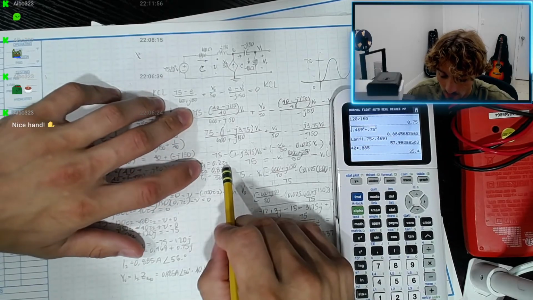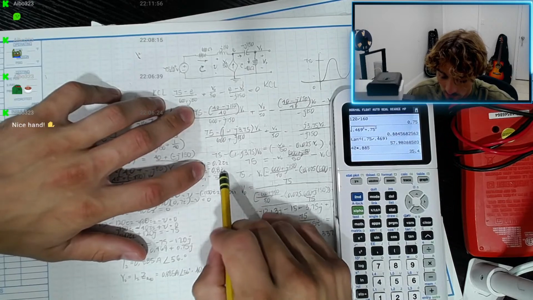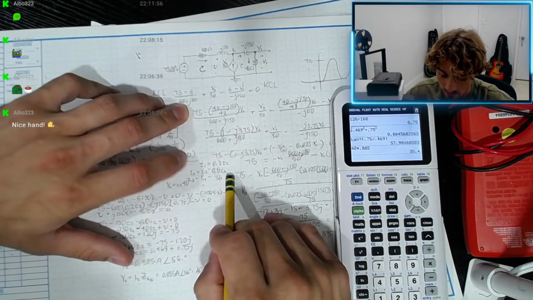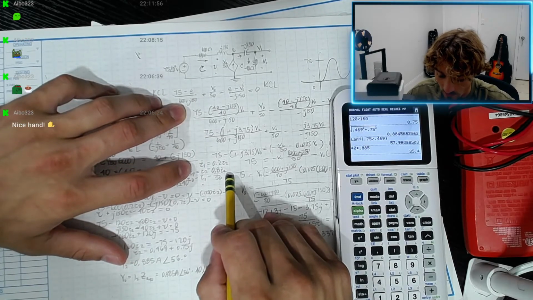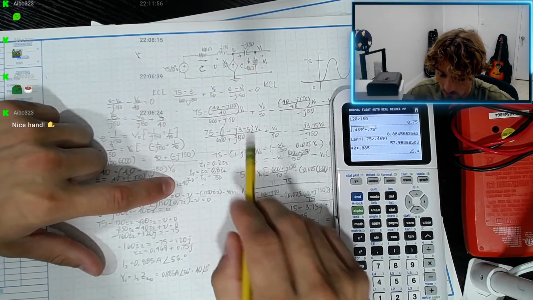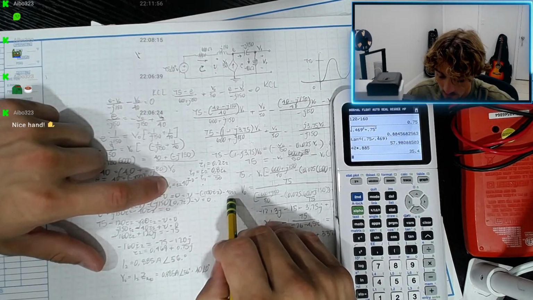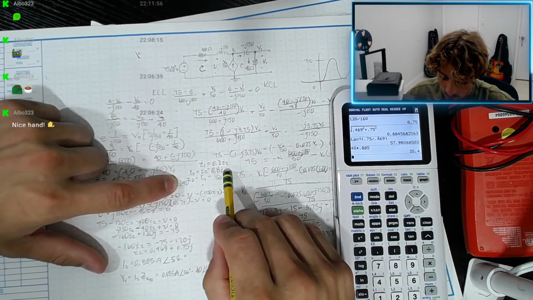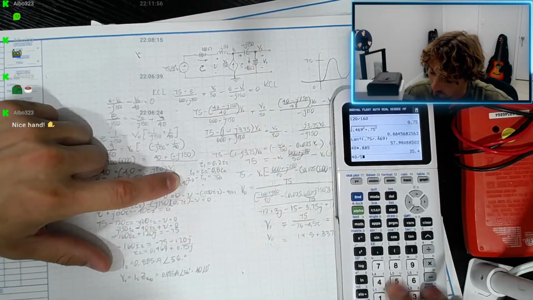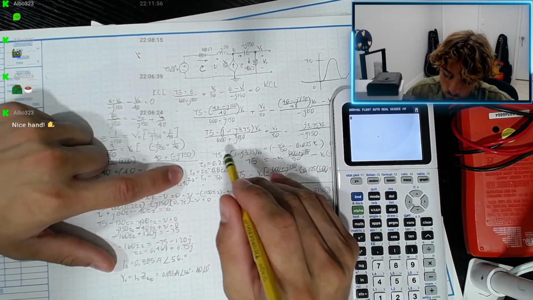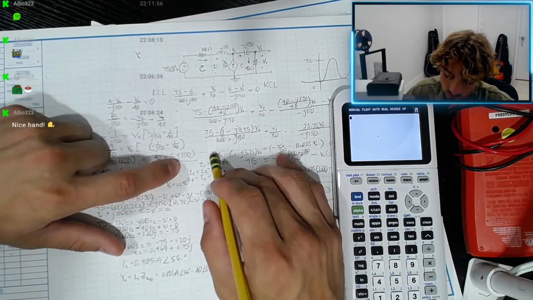I2 minus 0.8, V out equals I2 multiplied by 40, 40 divided by 50, and then 1 minus 0.8 would be 0.2.